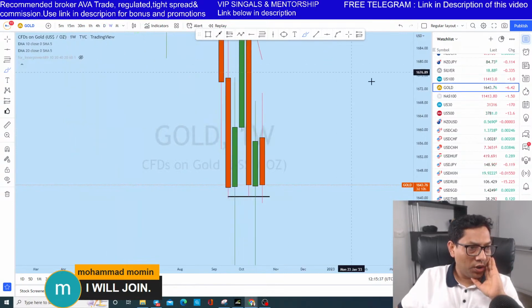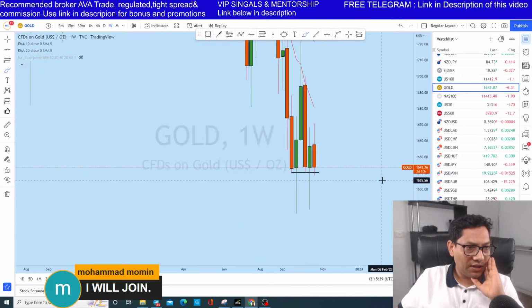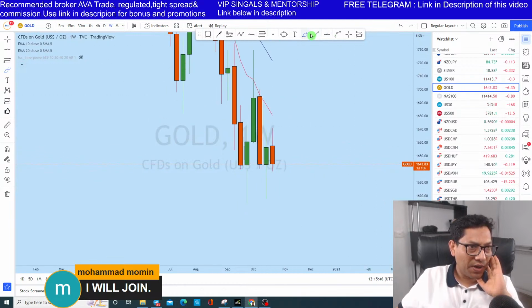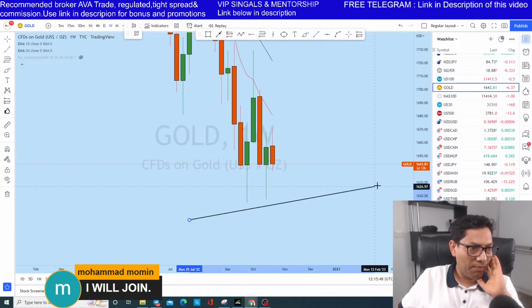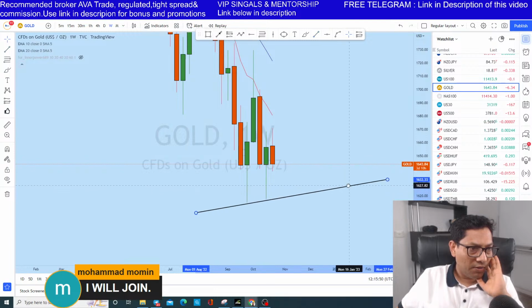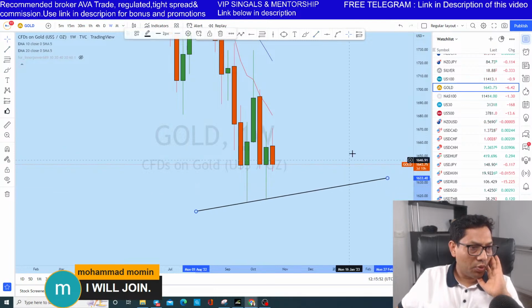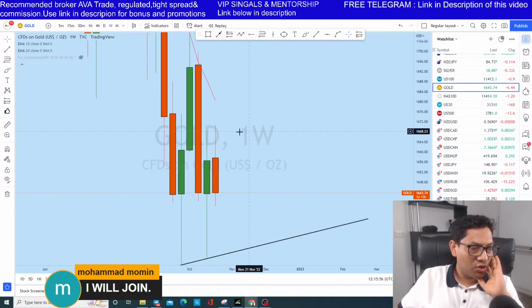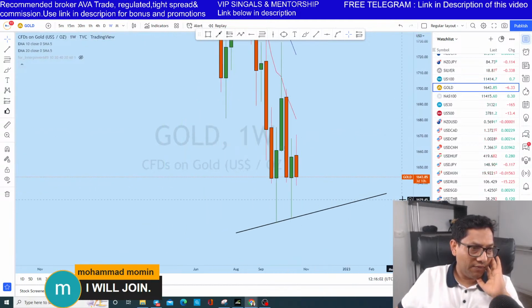Now looking at the weekly, guys, if gold wants to be bullish, I am expecting gold at least to come back to this weekly support zone. I don't think the price will be able to be fully bullish without coming to the weekly level of support.